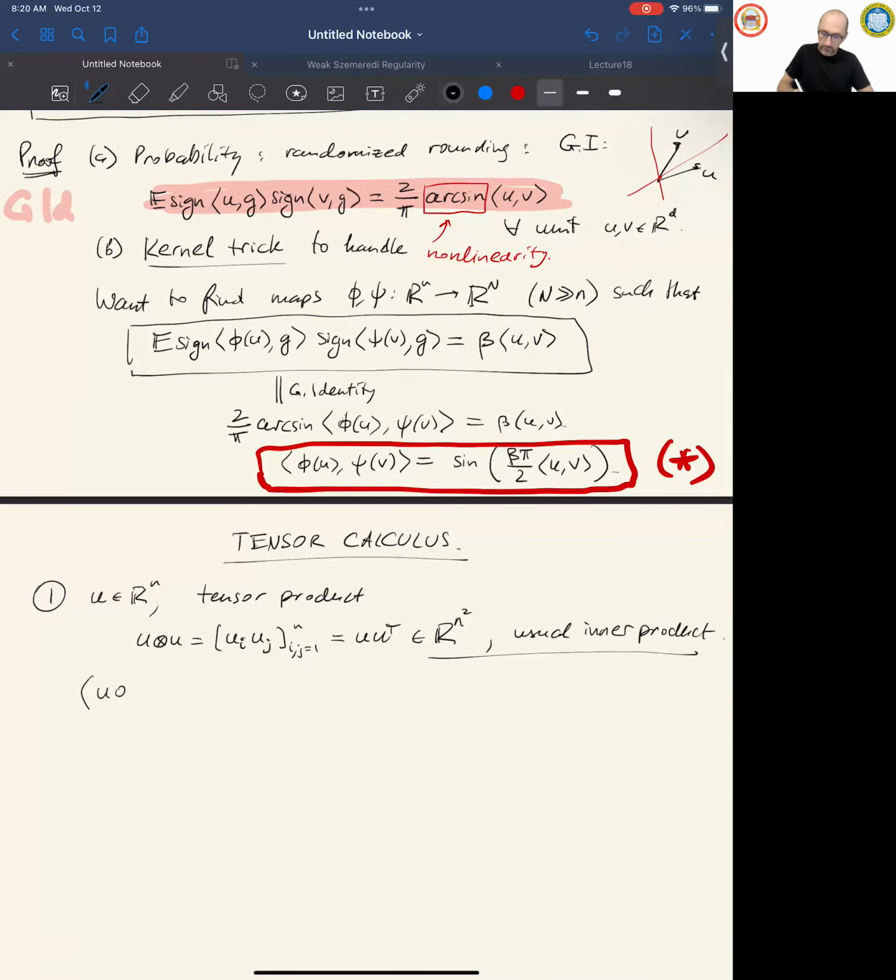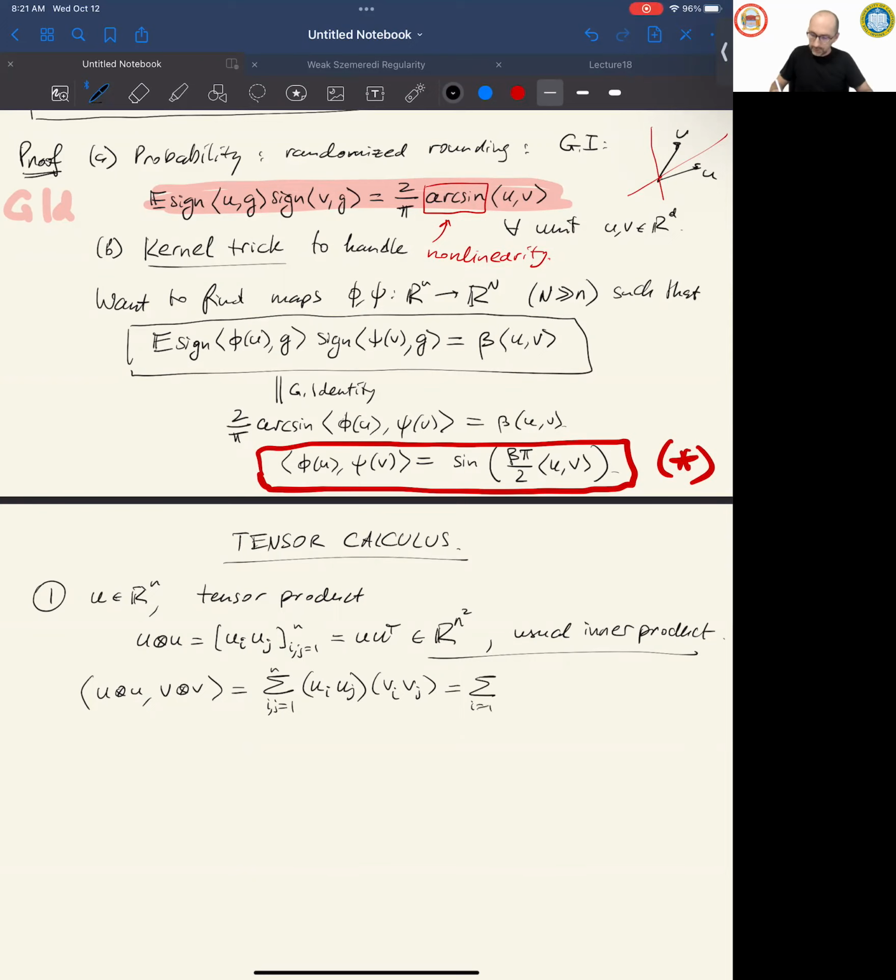So how does it work? Take U tensor U and V tensor V, and take the inner product of these two. What's the usual inner product? There are n squared entries, so I go from 1 to n, a double sum of U_i U_j, that's the entry of U tensor U, times V_i V_j, the entry of V tensor V. It's a double sum, but the sum separates.